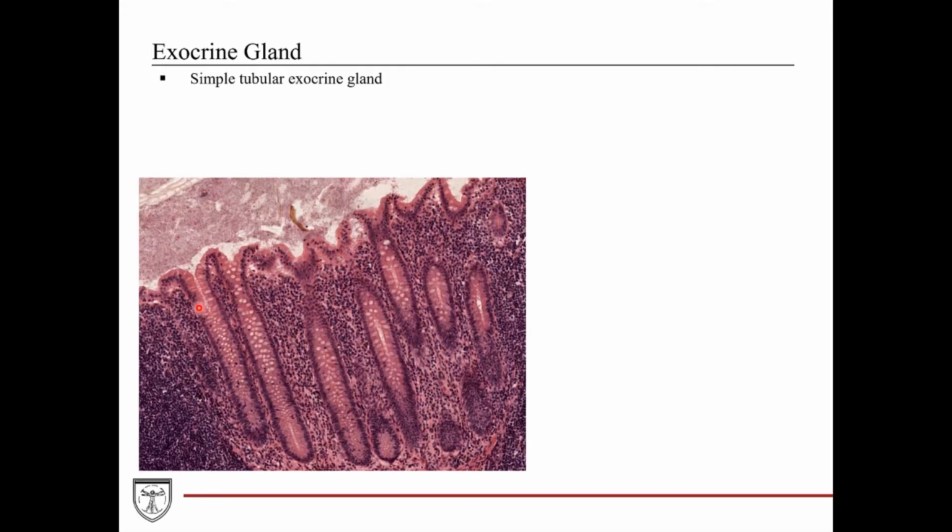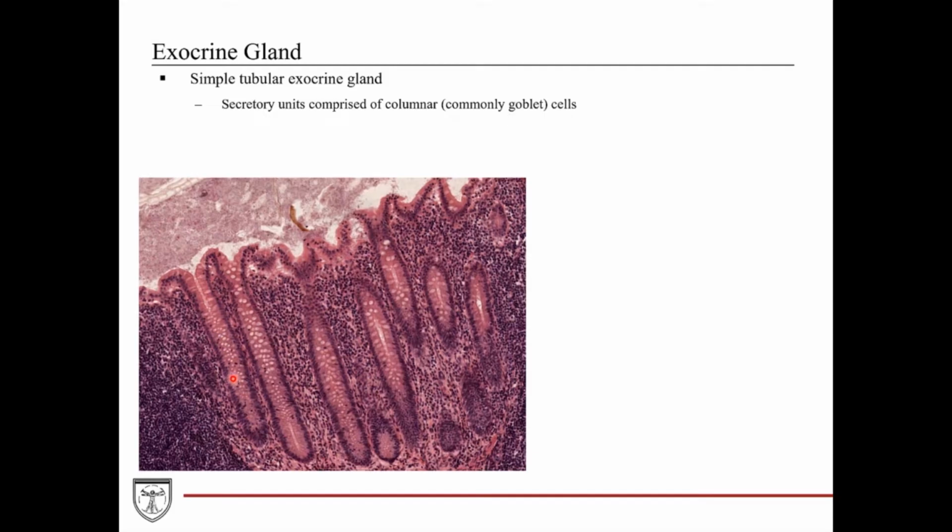And looking at the secretory unit, it looks like a test tube. And this test tube is open to the external environment by this short ductal region. So this is a single tubular exocrine gland. At closer observation of the secretory unit, we see that a lot of the cells are columnar cells with pale staining apical regions.